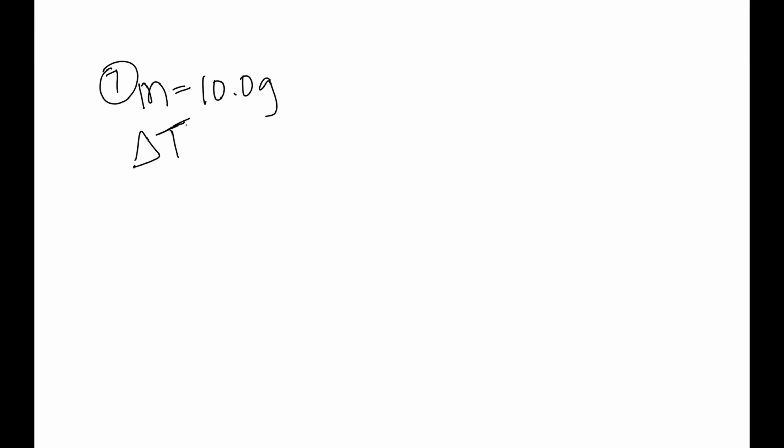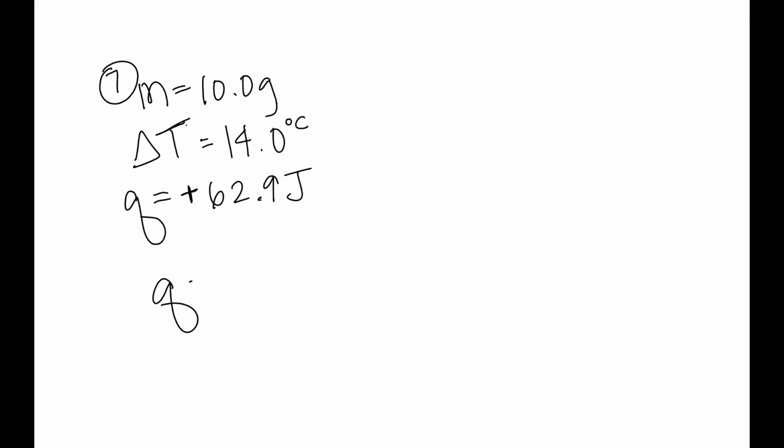The words say increase by, so that just means the change in temperature is 14.0 degrees Celsius. And last, it gives me the energy absorbed, and we know we're looking at heat here, so that gives us Q. And absorbed means it's positive, so I have a positive value of 62.9 joules.